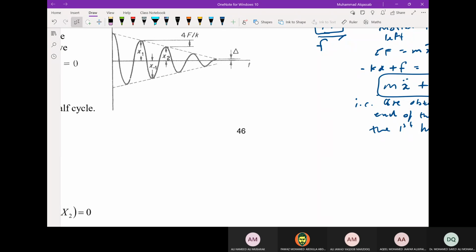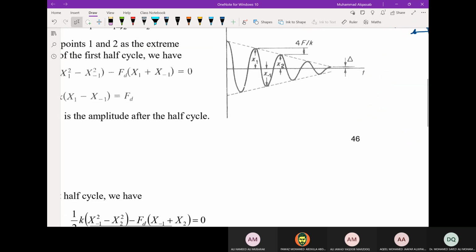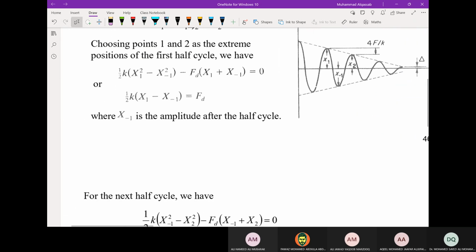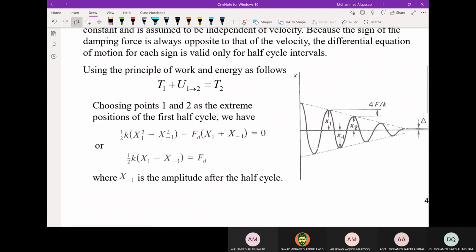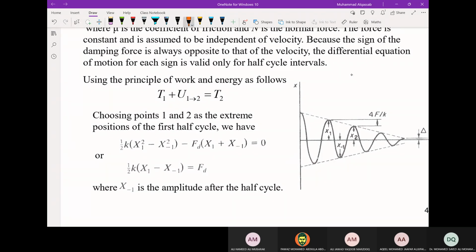Instead of looking at the solution or the response, we can relate the amplitudes of successive cycles. We can do that by using what we did in dynamics, the principle of work and energy, T1 plus U from 1 to 2 equal to T2.